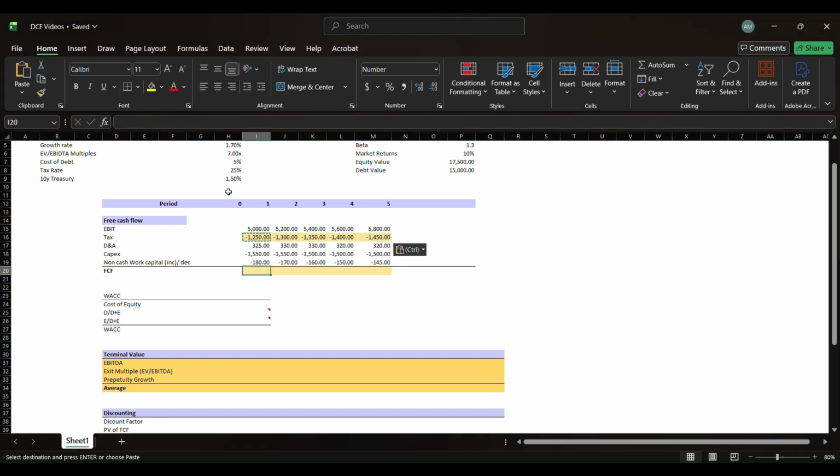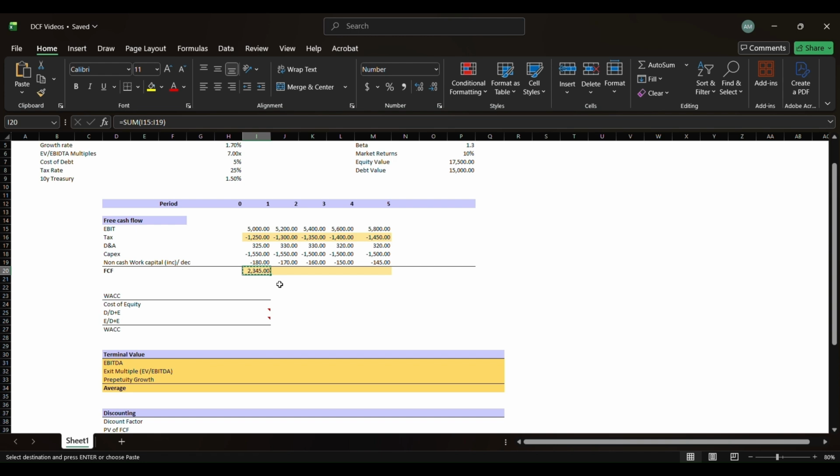Okay, so now you have to calculate the free cash flow after adjusting all the components. So simply you have to sum, enter.